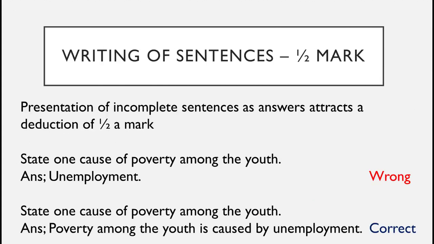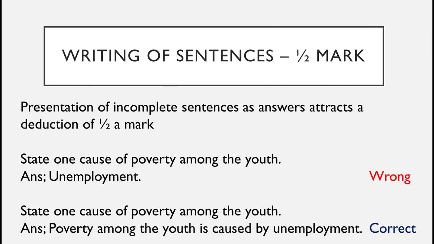Rule number 4. Writing of sentences. Half a mark will be deducted from your overall score if you don't present your answers in full sentences, unless of course you are presenting your answers in the preamble format. All your points should be written in full sentences with a full stop at the end of each sentence. A sentence contains a group of words with a subject and a predicate.